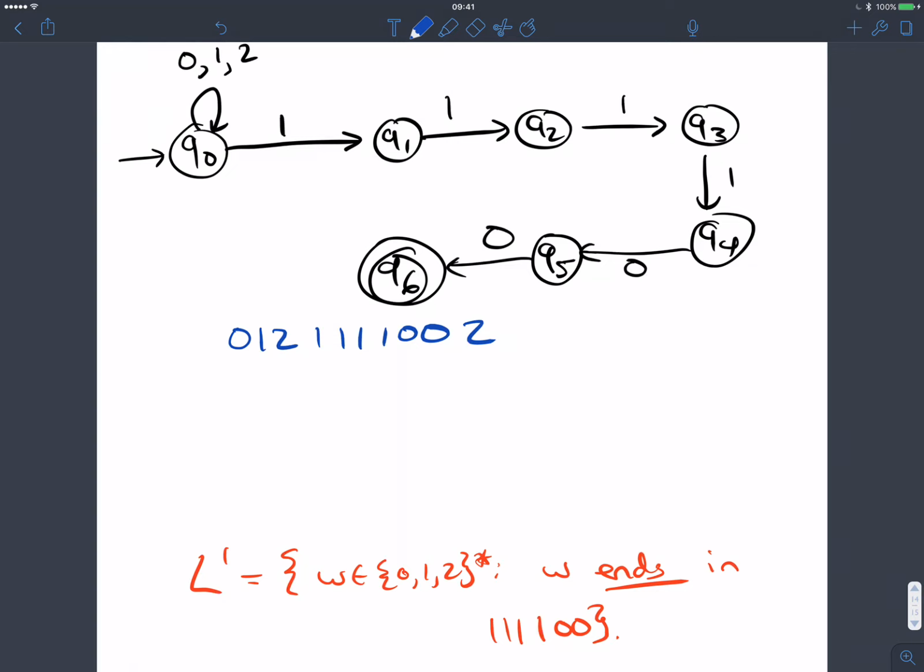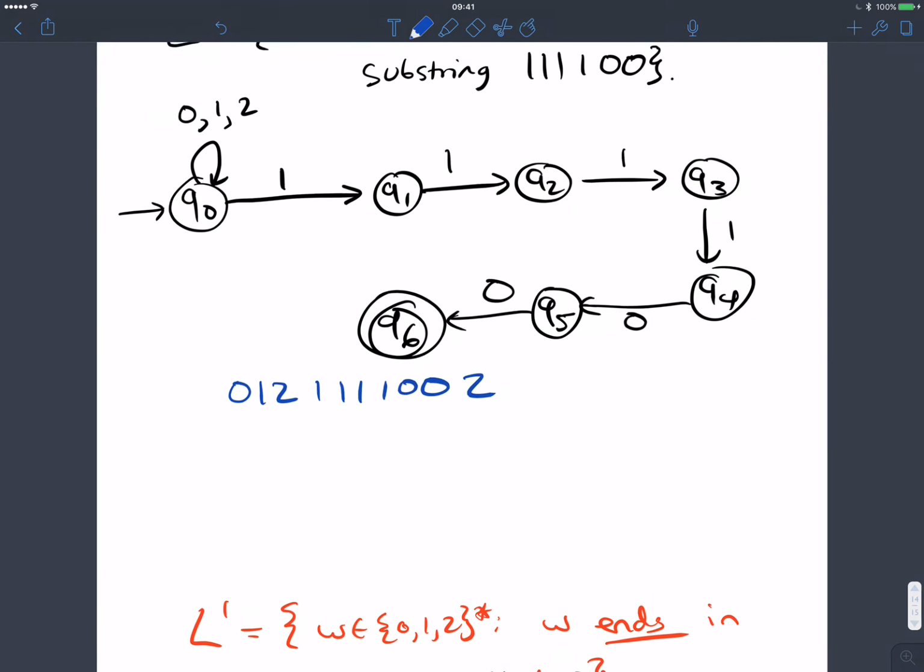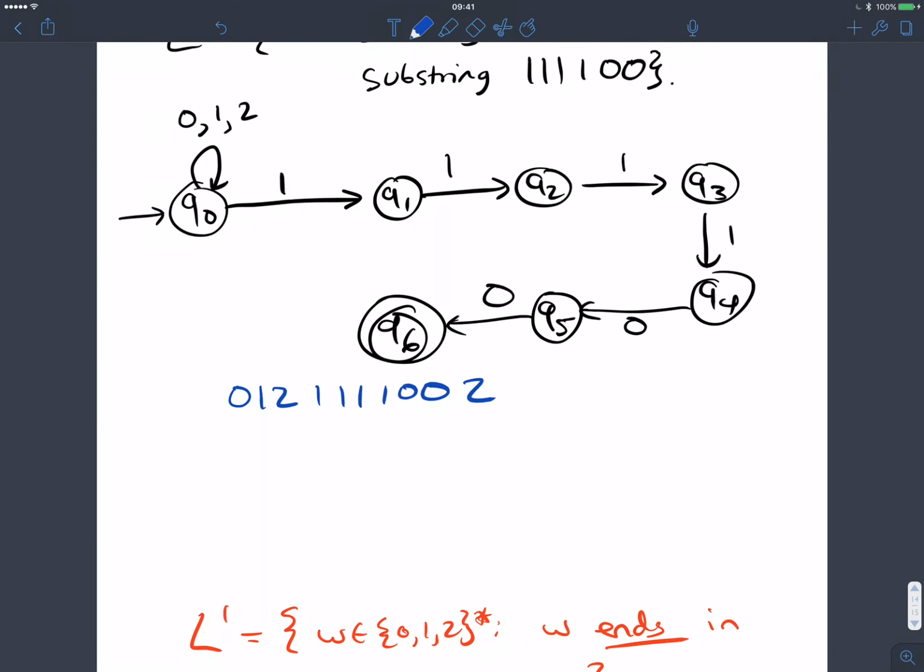So the question, just for everyone's sake, why was there a 1 on the self loop on Q0? Can anyone answer that? Right. It's just saying I could see a 1 here, or it could be the case that it's the ones in the starting part of the substring. It's just a non-deterministic choice.